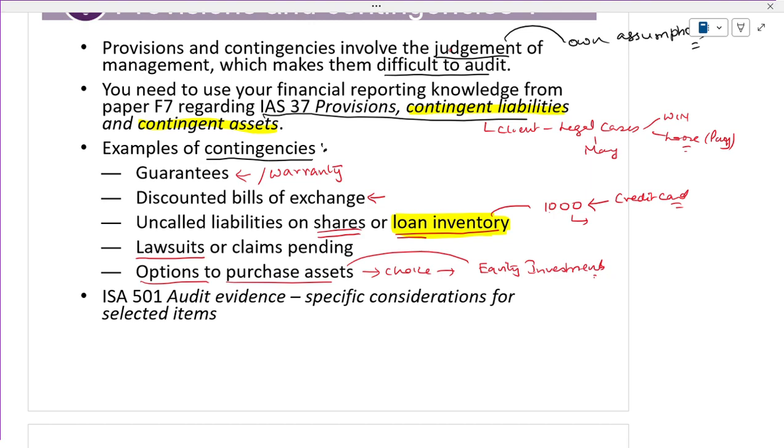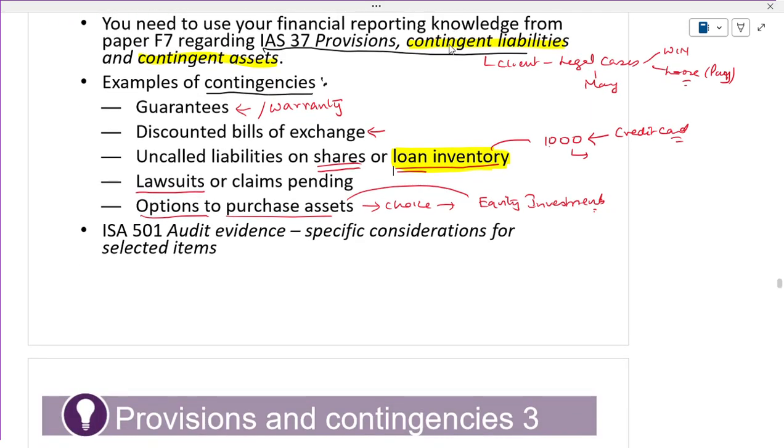It is a contingency, okay? Loan inventory, one minute. I will put it like this, okay? We have loan inventories.